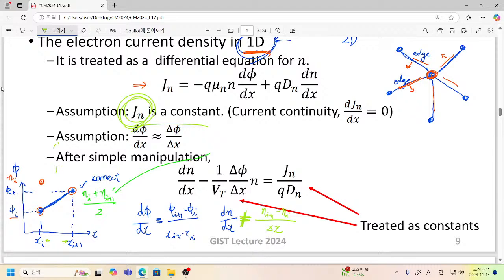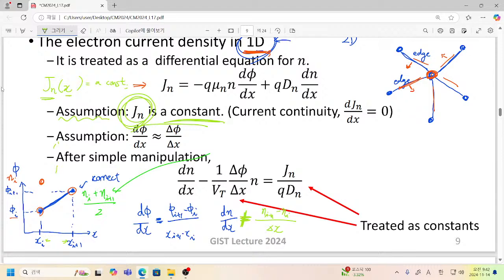In this case, electron current density is a function of position. However, this assumption says that although it can be a function of position, actually it does not change. It is a constant. That is the real breakthrough applied in this case.